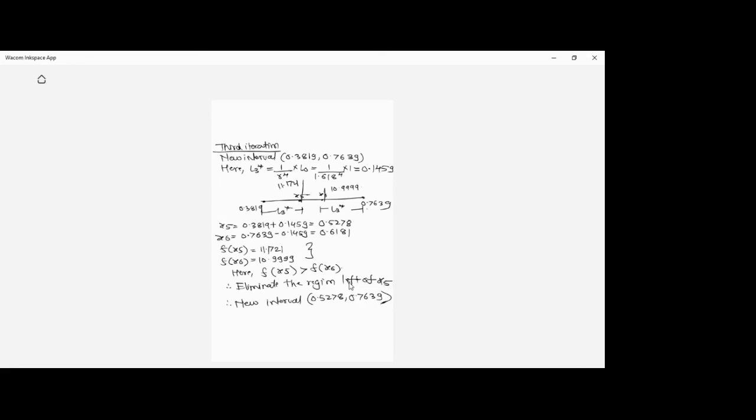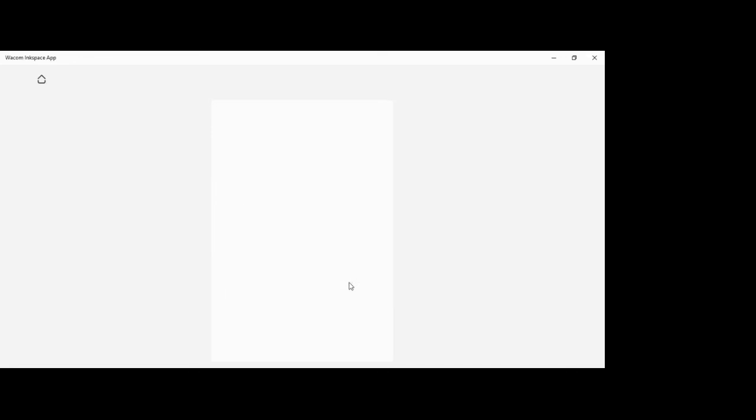So let's move towards our last iteration, the fourth iteration. Hopefully the values will come same. If not, we'll be stopping here anyway. So, fourth iteration, right? The new interval that we had was 0.5278 comma 0.7639, right?